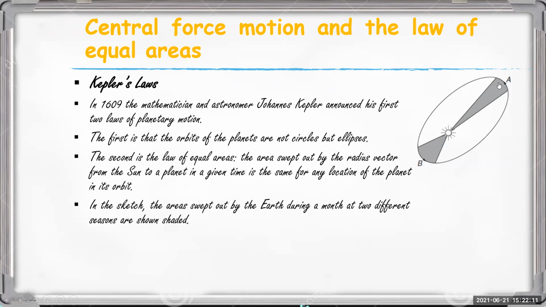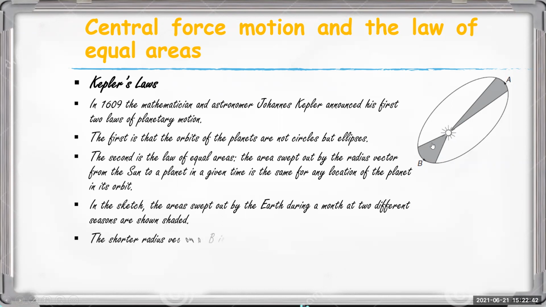So the Earth is moving in this way. We have to prove that this is the area in a month. Here we have to find the area swept out per second, or dA by dt.